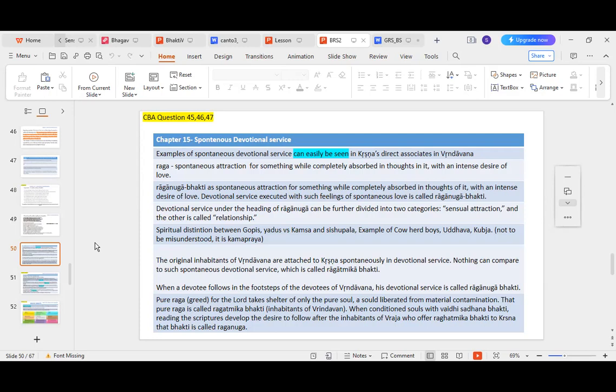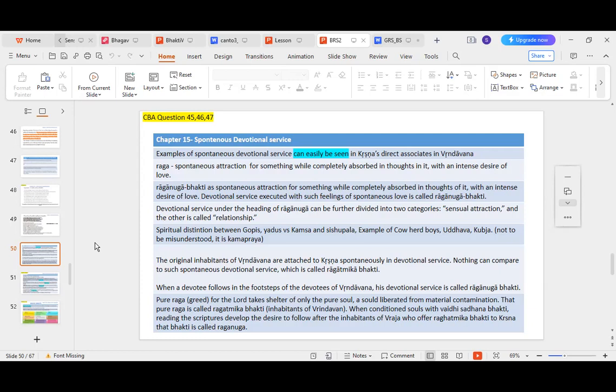Immediately after that, you have different levels or ways by which you're able to identify that bhava. One is sensual attraction, just by getting attracted in a particular way, and then through relationship. Typically, sensual attraction is more from the gopis and the queens of Dwaraka.